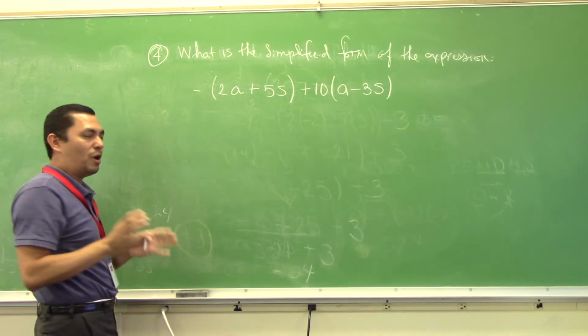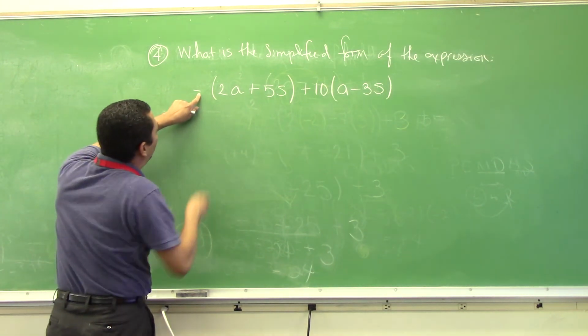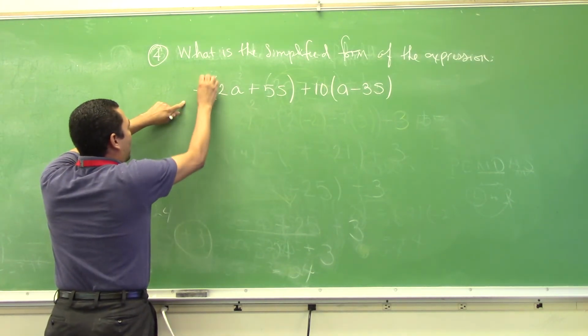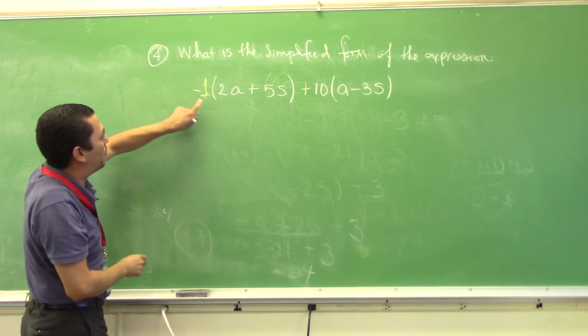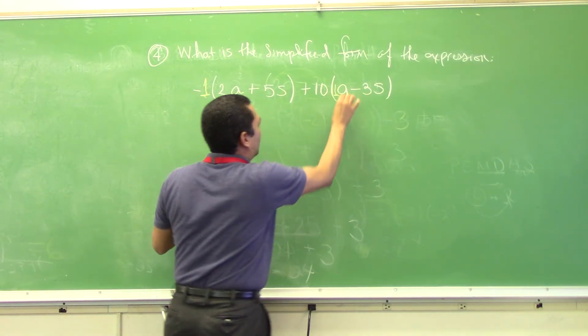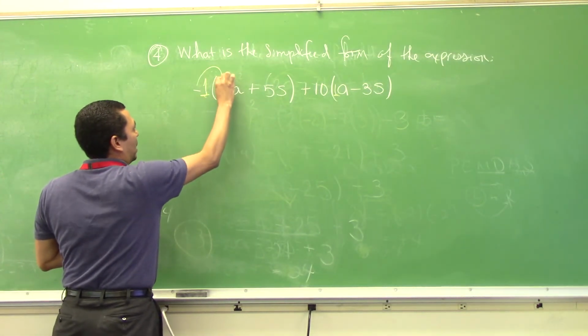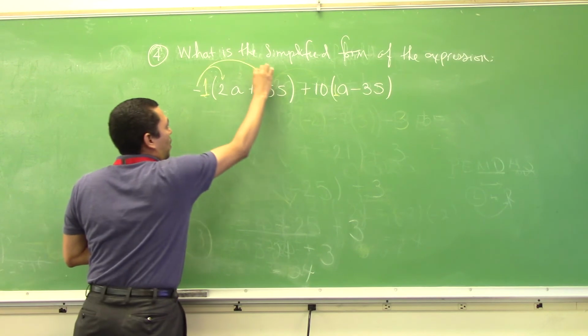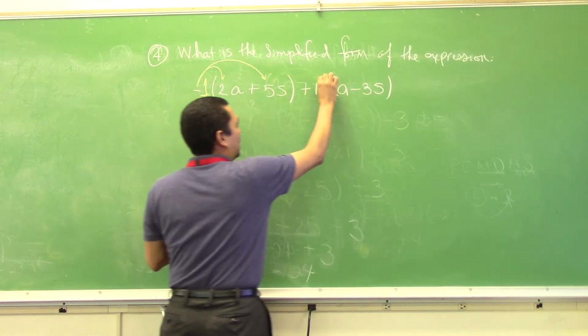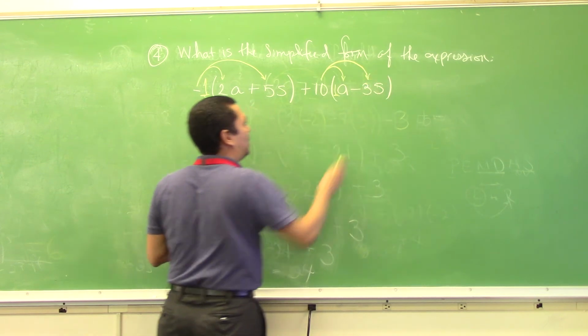So what I'm going to do, according to what we saw in the distributive property, we're going to write a 1 in front of the parenthesis, negative 1. I'm going to write a 1 here in front of the a too. Okay? And then I'm going to apply the distributive property, negative 1 times 2 and negative 1 times 5. Same here, 10 times 1a and 10 times negative 3s.